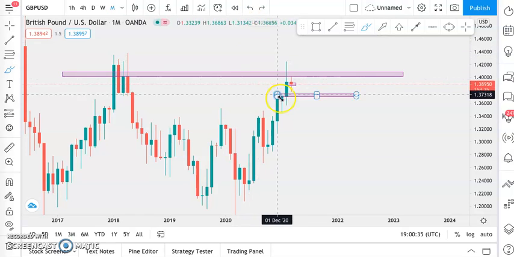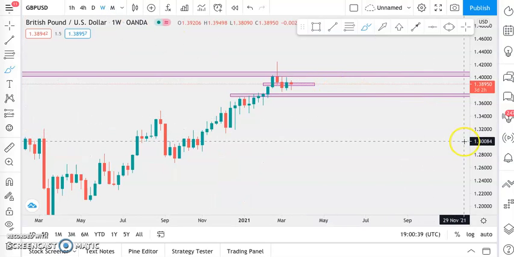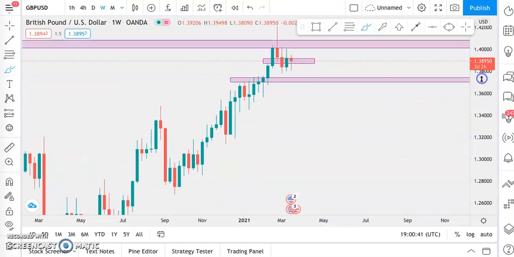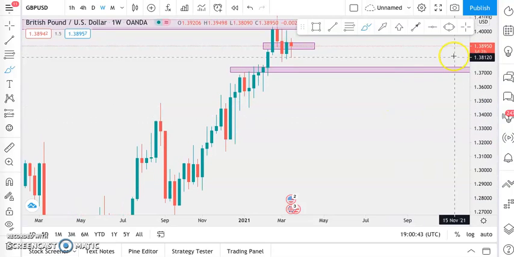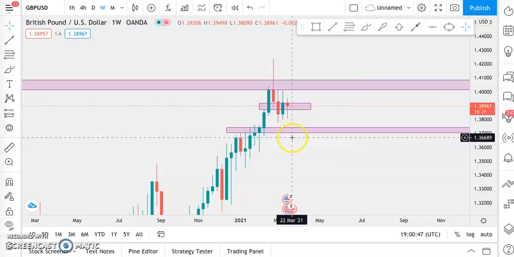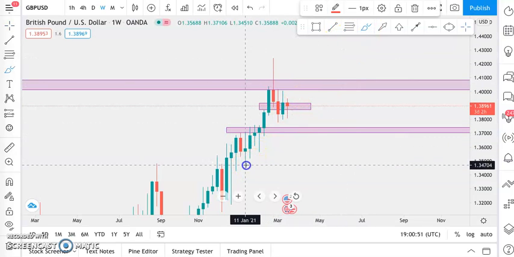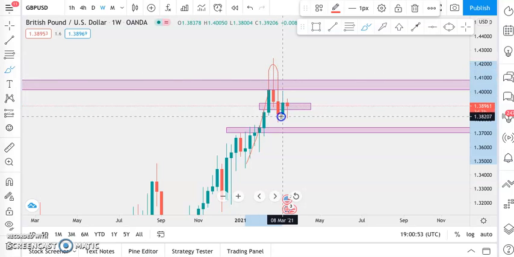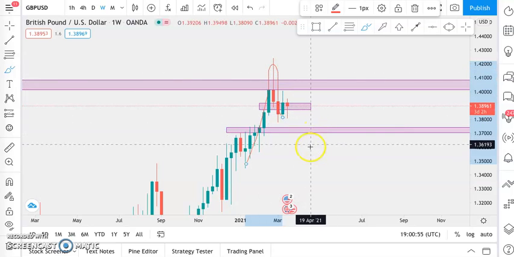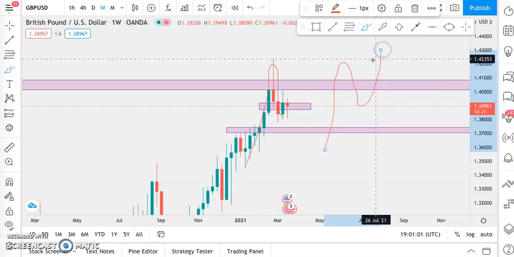Now, going into the weekly time frame, what do we see? From a weekly perspective, we can see that this market has just made this nice impulse and correction to the downside. Now, generally speaking, after an impulse and a correction, what you do expect is another impulse to the upside.